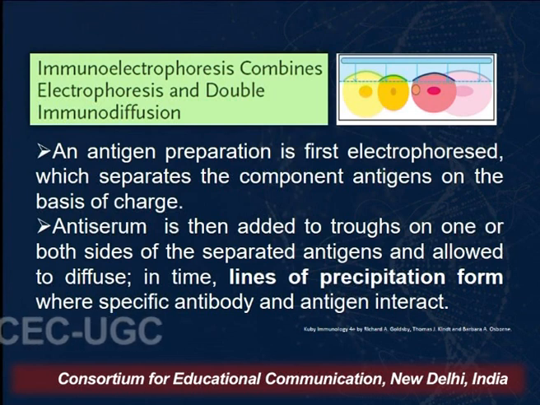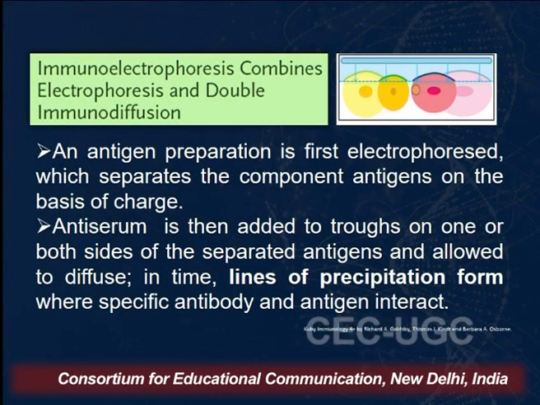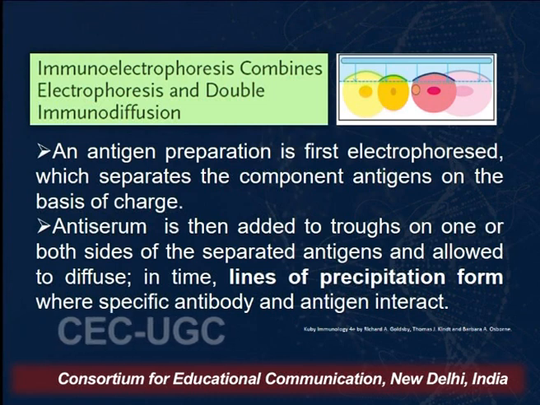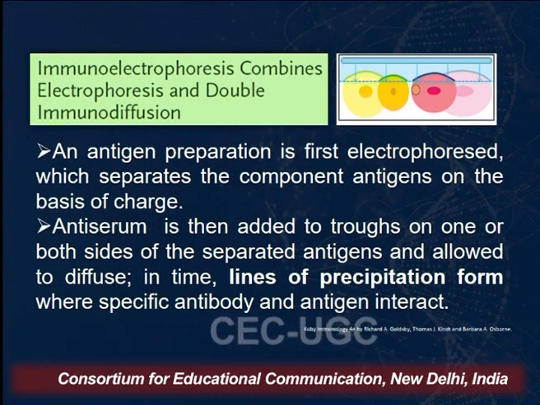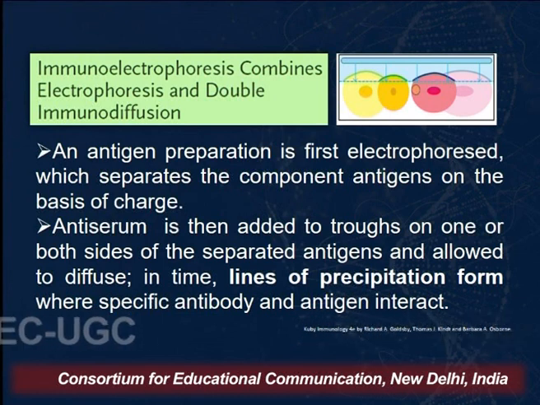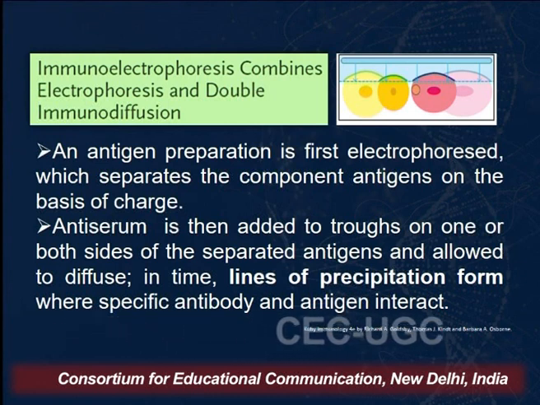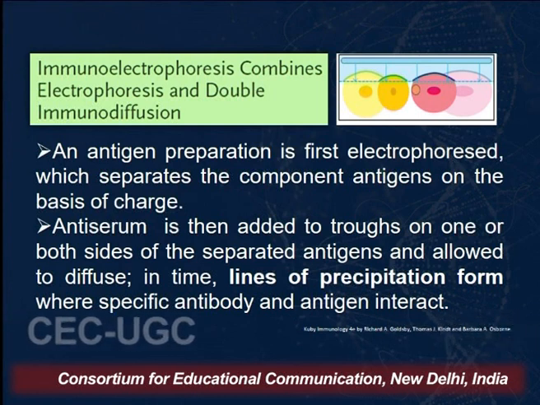Subsequently, there is a trough alongside the well, and the anti-serum or antibody is loaded onto it. The trough can be on either side or on one side of that well. Once the antigens are separated, the antibody is loaded onto the trough and diffuses, so double diffusion now takes place.